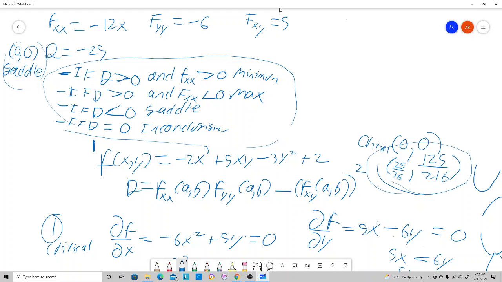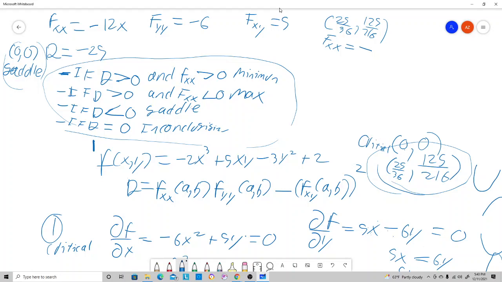Okay, so let's see. If we plug in 25 over 36, a positive, times a negative, this is going to be a negative number. So for 25 over 36 and 125 over 216, if you plug it in, we can first determine fxx is going to be a negative number.